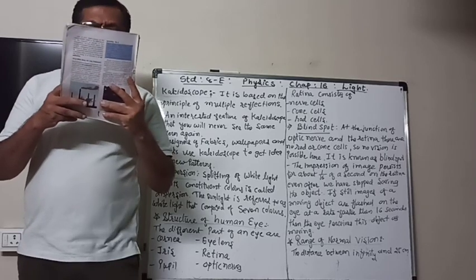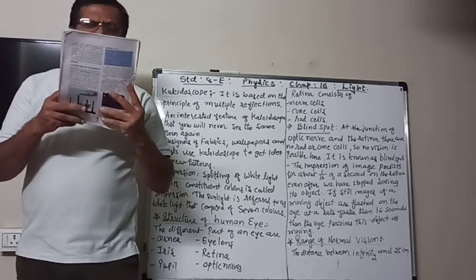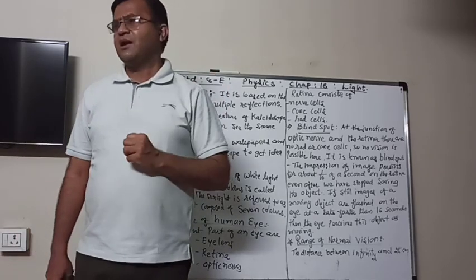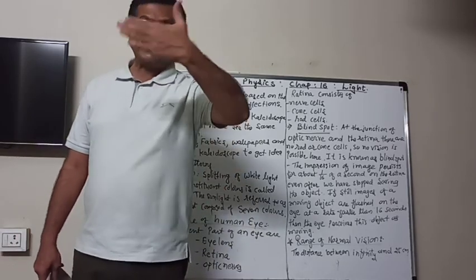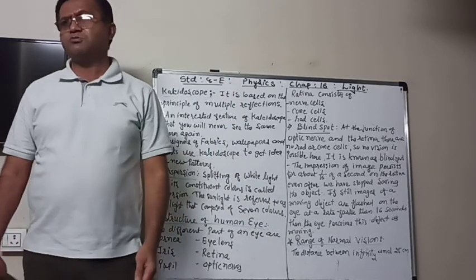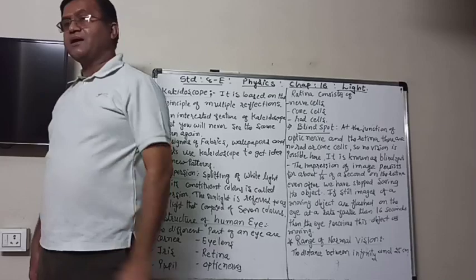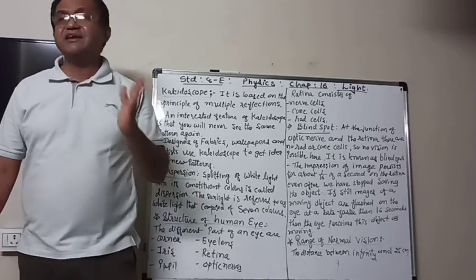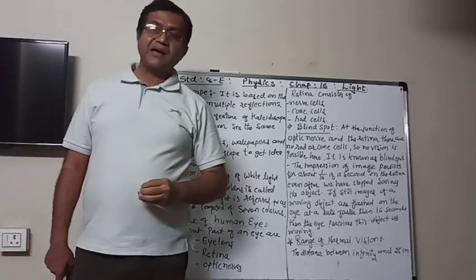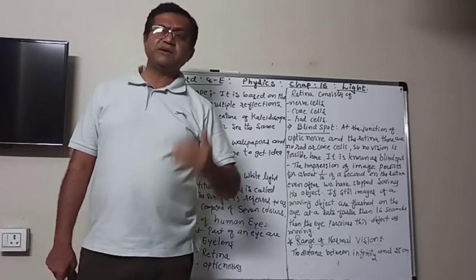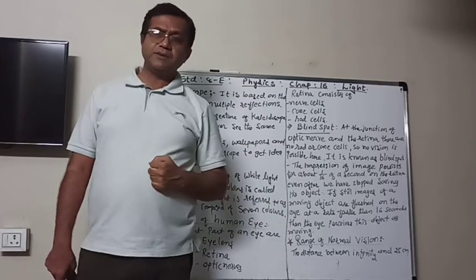You will have to strain your eyes and your eyes will get damaged. So at least a 25 centimeter distance should be there, and beyond that you can see objects up to the sky, meaning infinity. So what is the range of the normal eye? It is 25 centimeters to infinity.